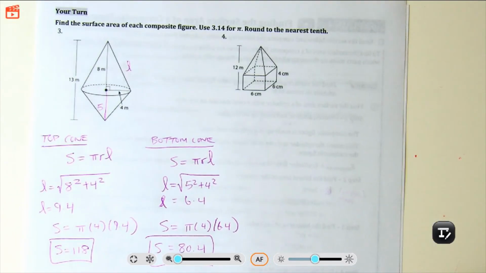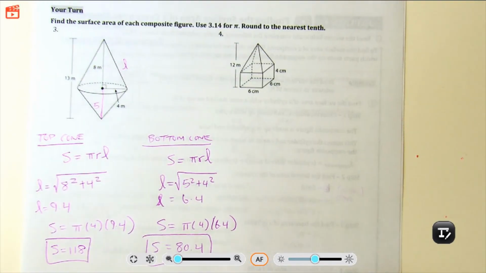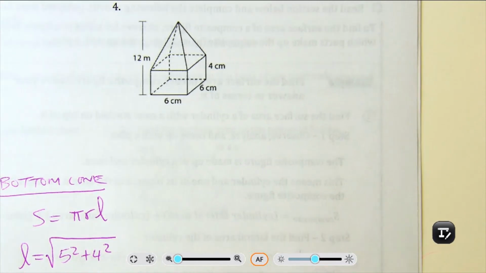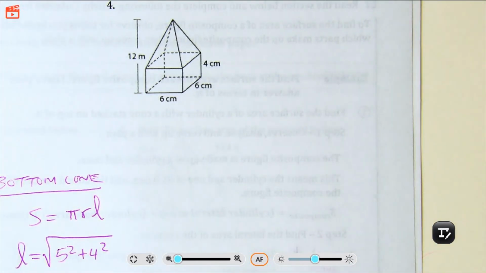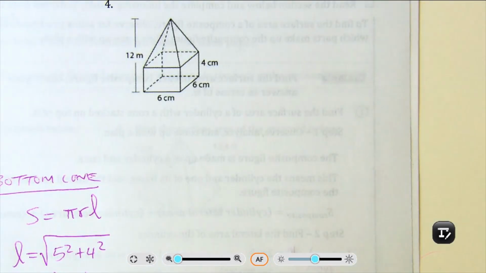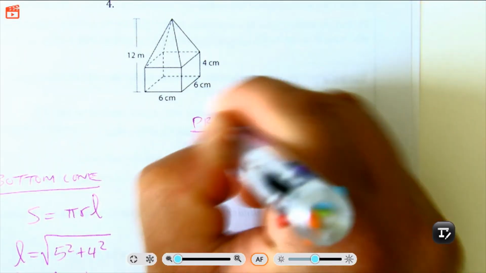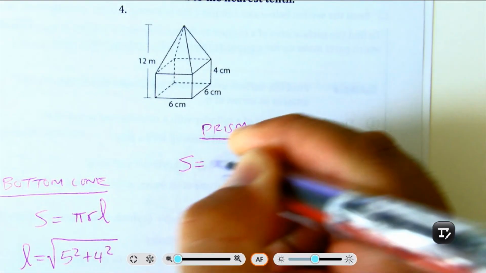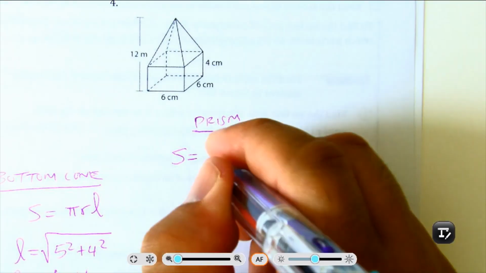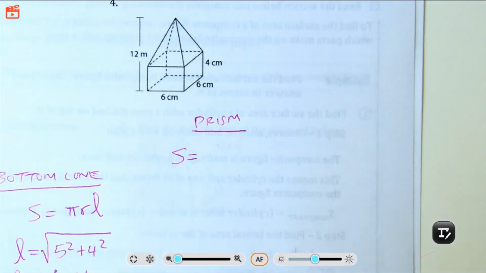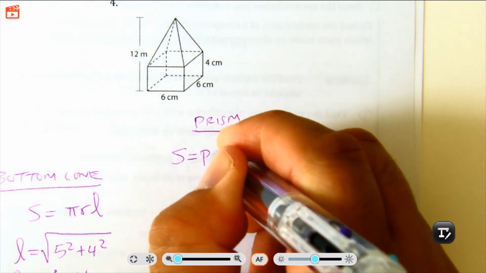Okay, so now let's look at problem number 4. And I'm going to be doing this in pieces. So the first part, I'm going to find the surface area of the prism. So for the prism, the formula I'm going to use is the perimeter times the height plus the base.